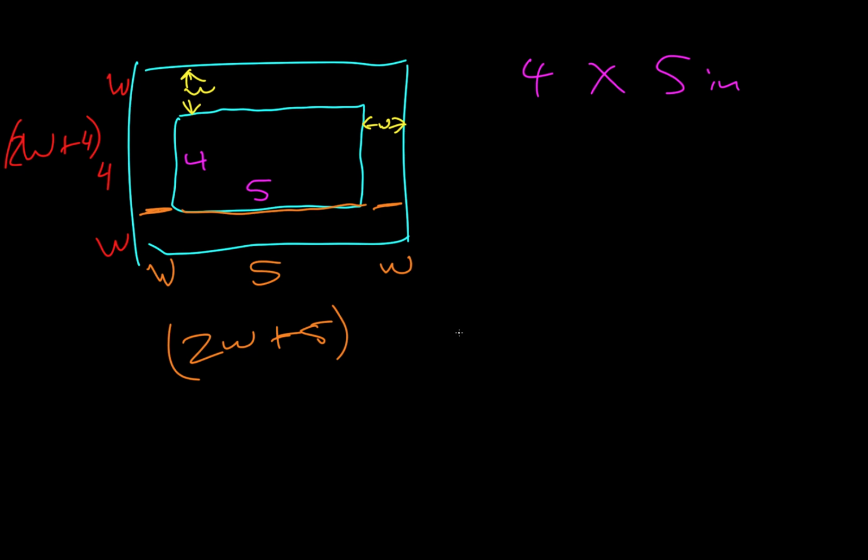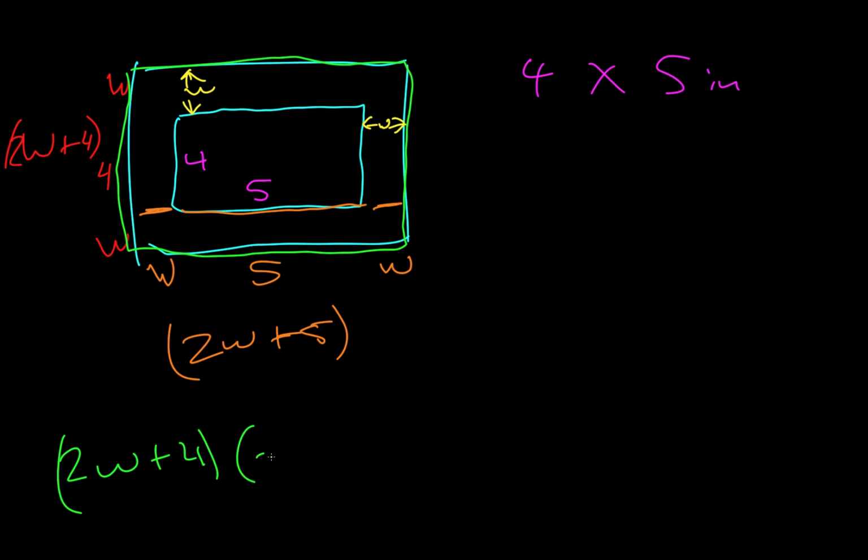Okay, what it asks us to do, it wants us to find an expression for the area of the frame. So if we're just thinking of the area of the outer rectangle, all we'd have to do is length times width. So we're going to say 2W plus 4 times 2W plus 5.